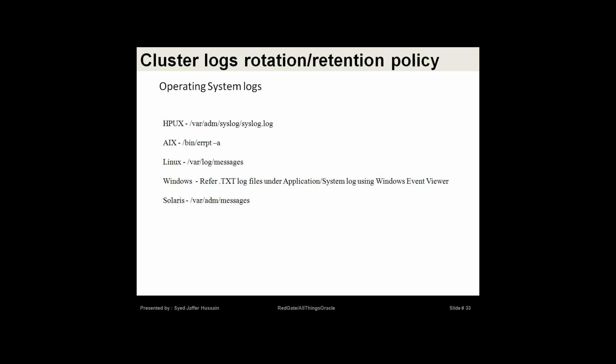So for any cluster unhealthy issues or why your cluster is not starting, this is one of the files that you can review. Similarly on AIX, you have to use errpt -a. On Linux, you use the messages log file. On Windows, you always refer to the Windows event viewer, and on Solaris, you have a messages file again.